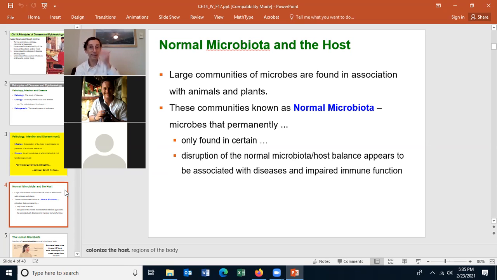Any question about that? Each species has its own normal microbiota. Bartonella henselae is a normal microbiota found on cats, and that's the bacteria that causes cat scratch fever. It's not a part of our humans' normal microbiota.